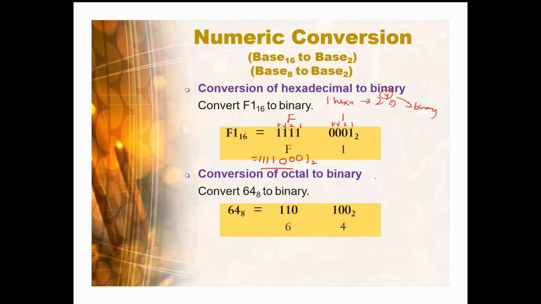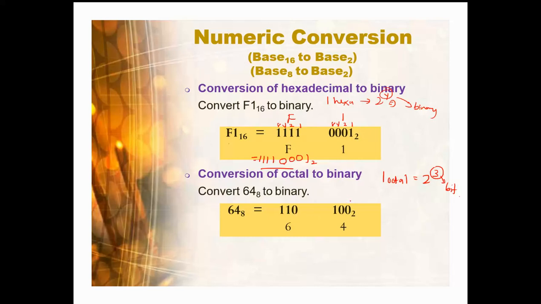How about the octal to the binary? Untuk octal pun, 1 octal ialah 8. So 1 octal equals to the power of 3 in the binary. So they need 3 bits of binary. So bila dia perlukan 3 bits of binary, when you convert the octal numbers, 1 digit equals to 3 bits in the binary.